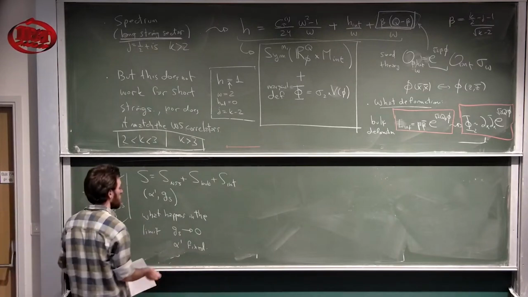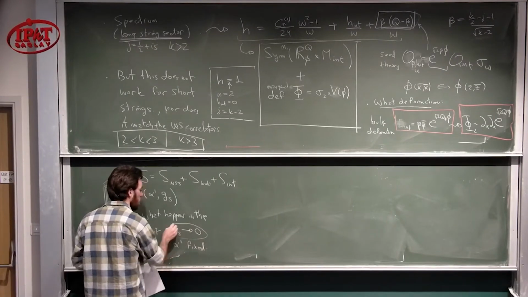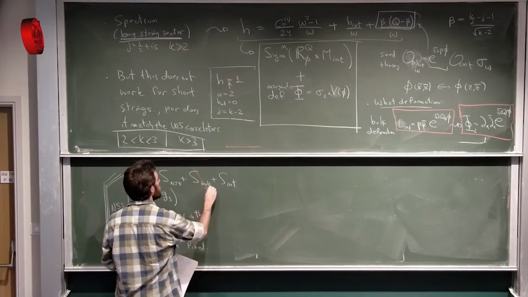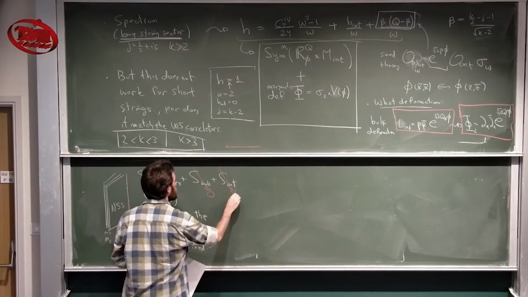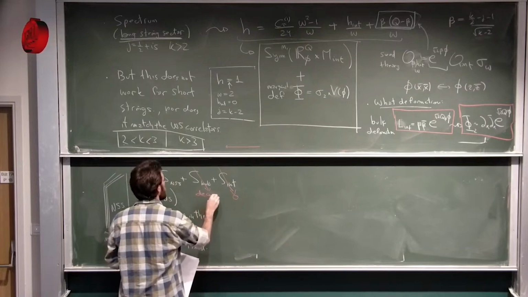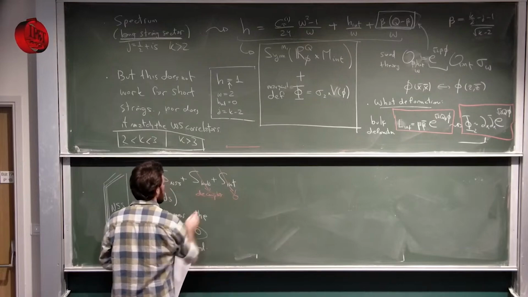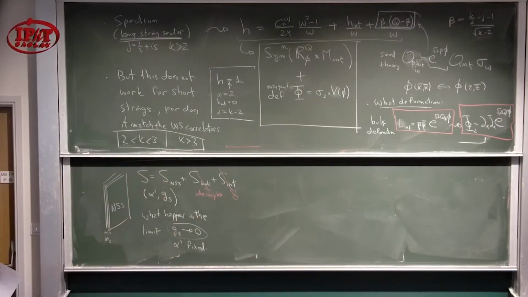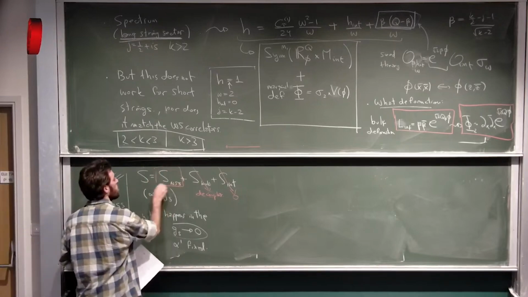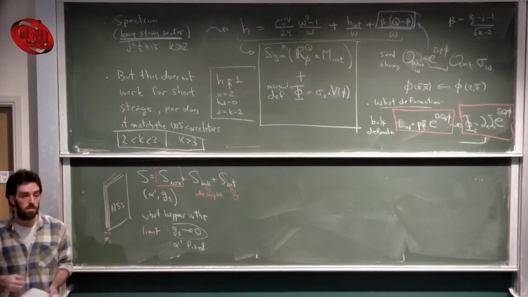But actually, while it's true that in the limit g string going to 0, this goes to 0 and this goes to 0, this decouples and the interaction goes to 0, it's not true that the theory here is trivial.